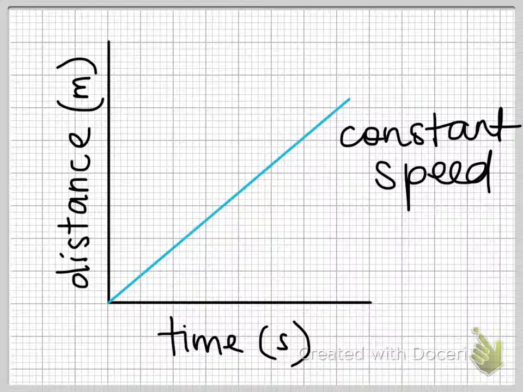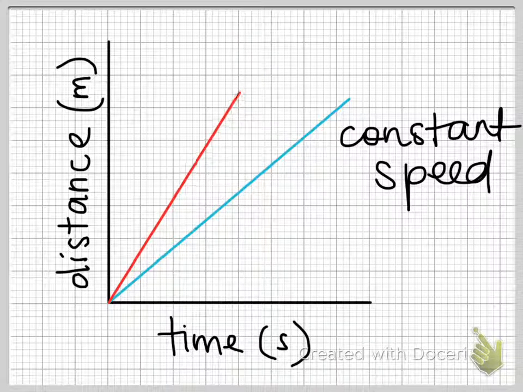If, for example, I was to include a second line, like this, the red line is actually representing still constant speed, but at a higher speed than the object that is represented by the blue line.